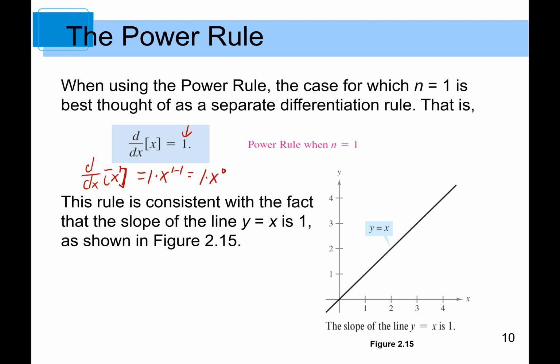So 1 times x to the 0. x to the 0 is 1, and 1 times 1 gives us 1. This is a quick confirmation of what we just went over. The rule is consistent with the fact that the slope of the line y equals x is 1, so the derivative is equal to 1.